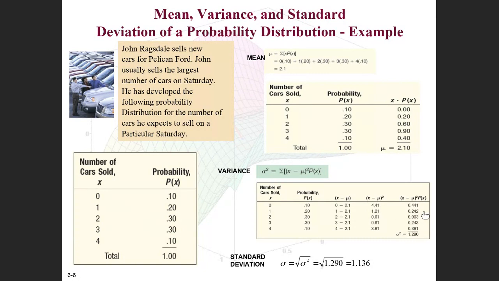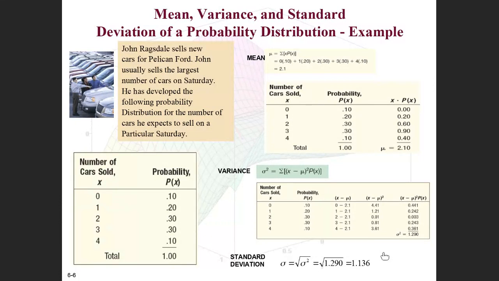Add them up, and we end up with sigma squared equals 1.290. That's the variance, the spread of the data. And the standard deviation is basically taking the square root of the variance. In this case, the square root of 1.290 is 1.136.